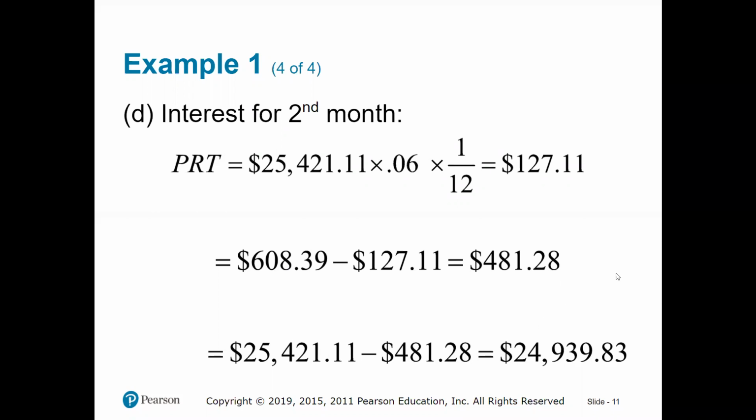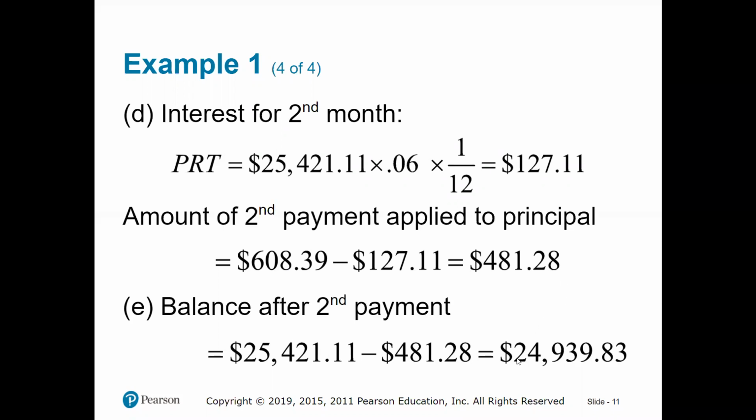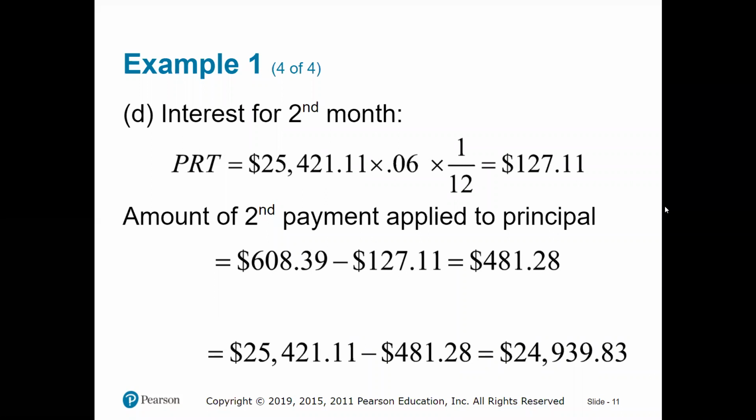So that means after the first 2 months, they're now down to $24,939.83. Okay. Questions on a problem like this? Because you will have to do them. No? Okay, good.